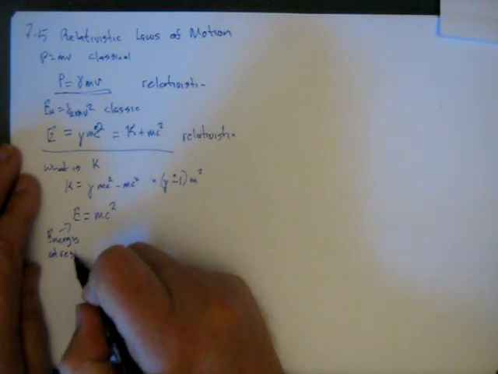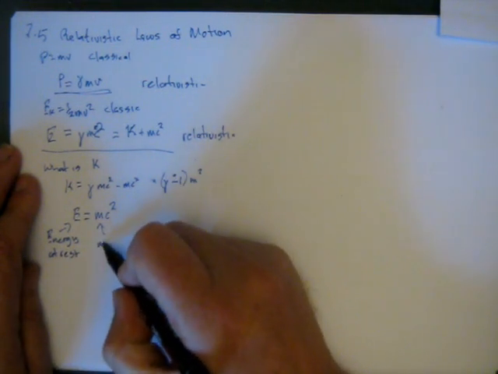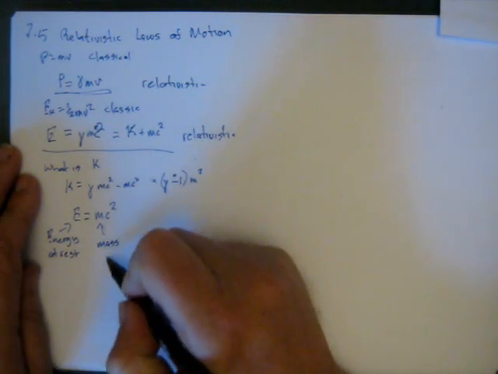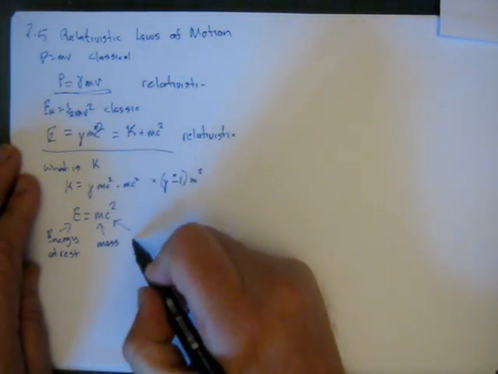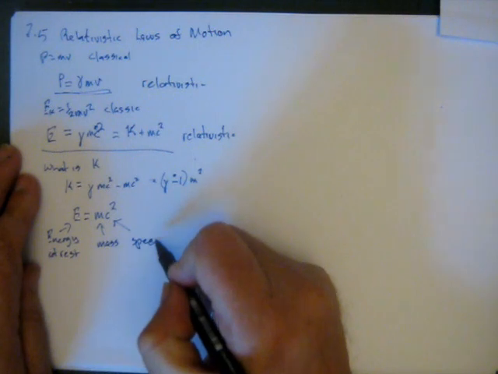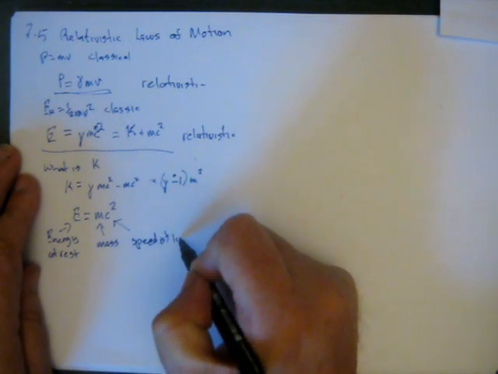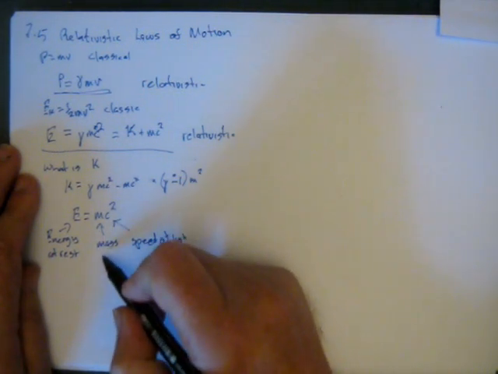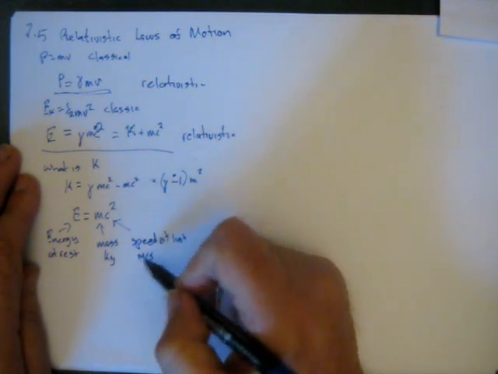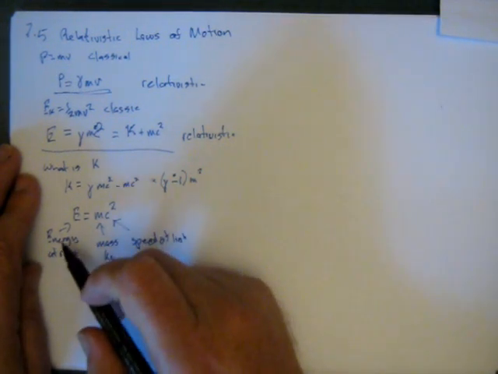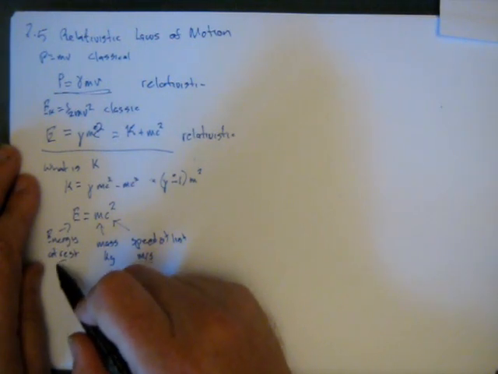So when the object's not moving, times the mass of the object, times the speed of light squared. So mass is going to be in kg, this is going to be in meters per second. So you end up with kg meters squared per second squared, which is going to be joules.